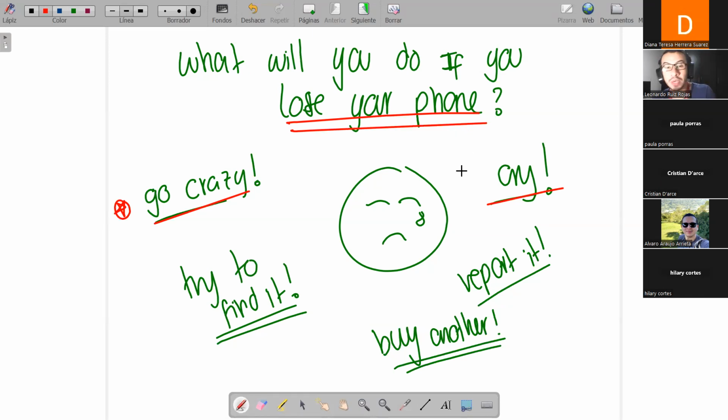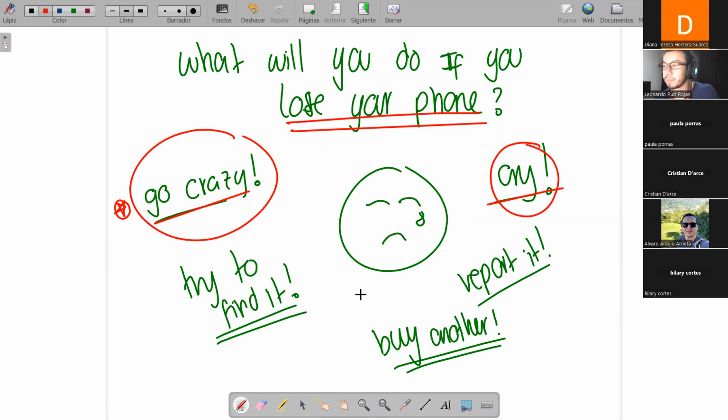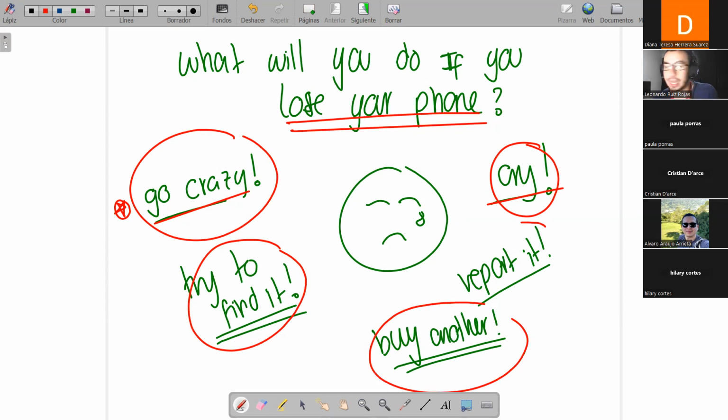And in that imaginary situation, there will be certain consequences. For example, Andres will cry. For example, Christian will go crazy. For example, Paula will try to find it. For example, the other Paula will buy another. For example, Diana will report it to the police. No, every person reacts different in that situation, but the situation is the same for everybody.